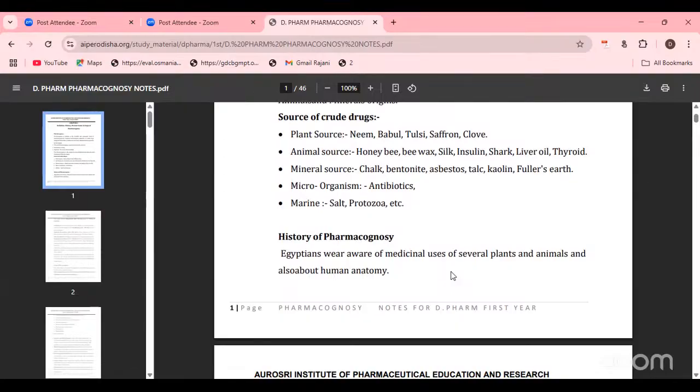Plants of medicine, and the various steps used for that.